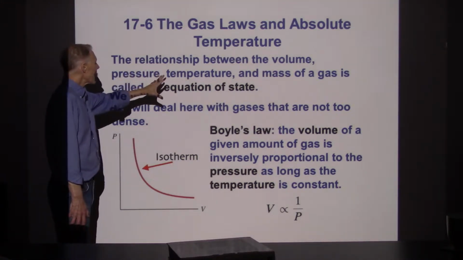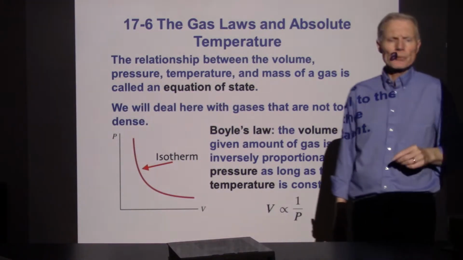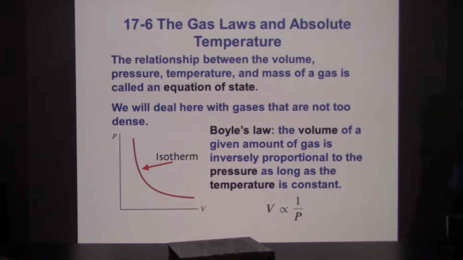So when we have a gas, what sets gases apart from liquids and solids is that gases can be compressed relatively easily. And so if gases can be compressed, that means we're going to have to bring in pressure as well as volume.